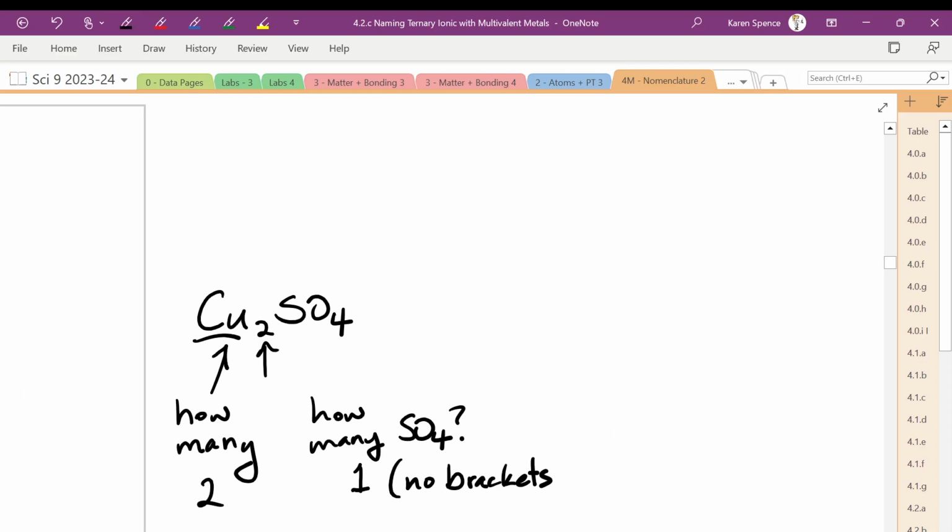What will I do next? Find the charge? Not yet. Before I find the charge, I have to, number 1, write out all the ions. So what will I be writing out for copper?